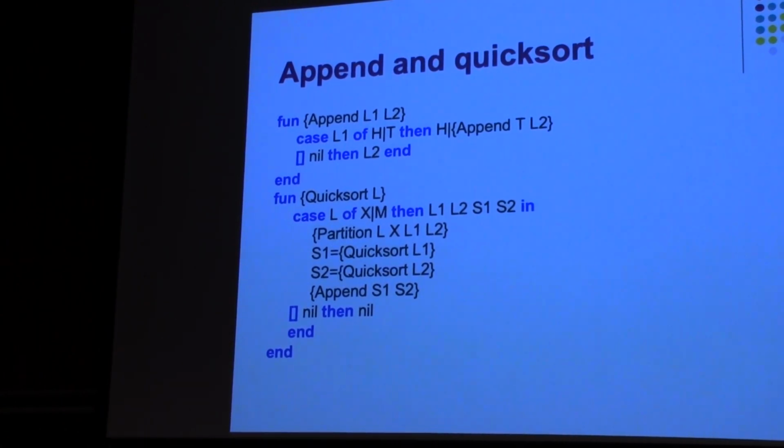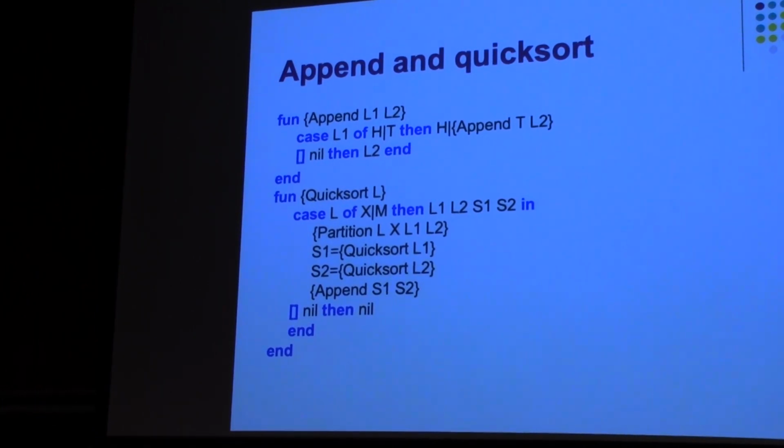When you write a recursive algorithm, there's something you have to be really careful about. What is it? This one is doing it wrong. Any idea?